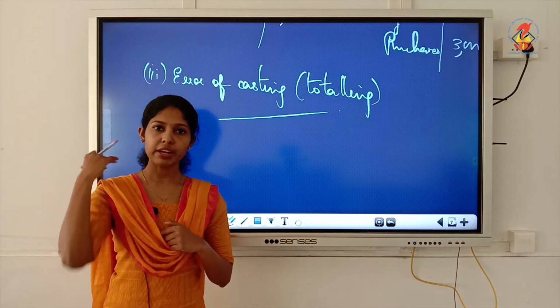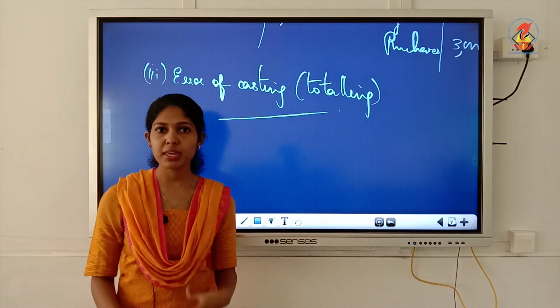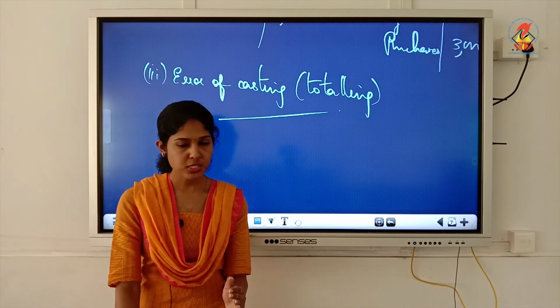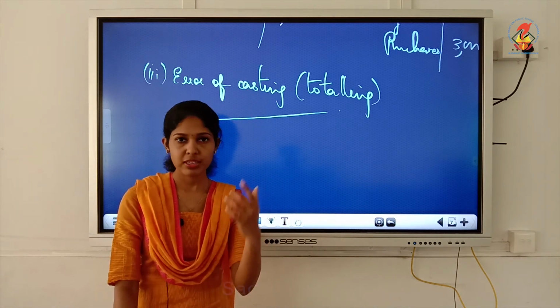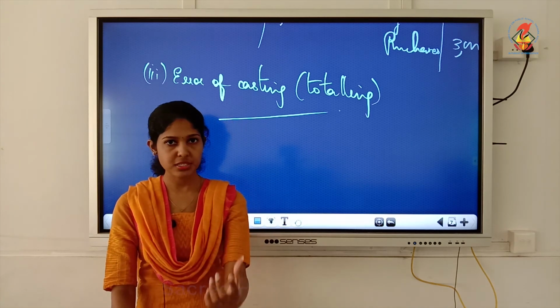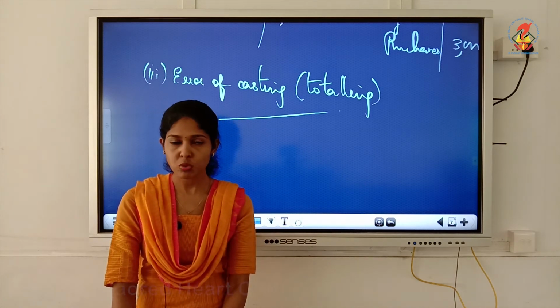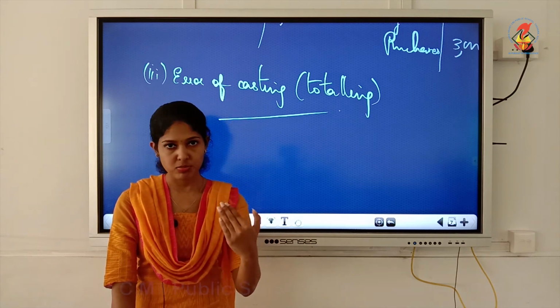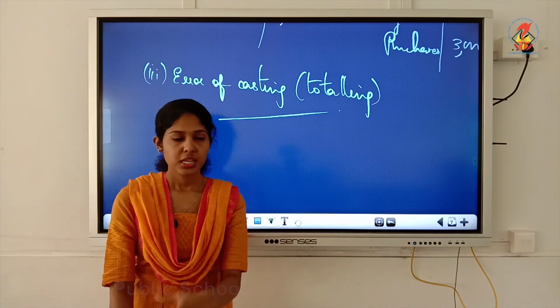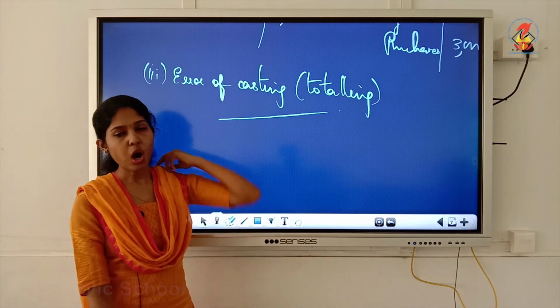We know that credit purchases of goods will be recorded in the purchases book, and after that we usually add all those amounts. We will write purchases account DR, debtor, and the total amount will be written in the amount column. So, while you were adding these amounts, you made a mistake. That can be called error of casting.